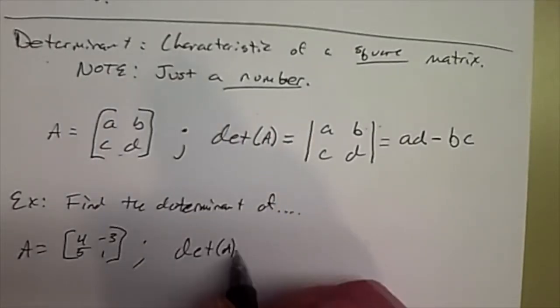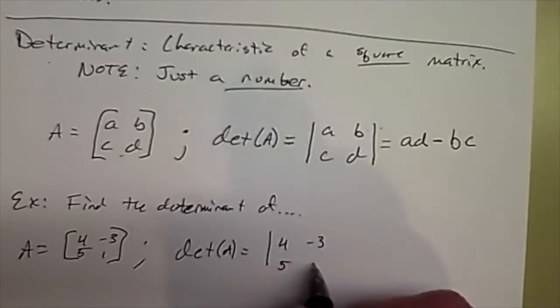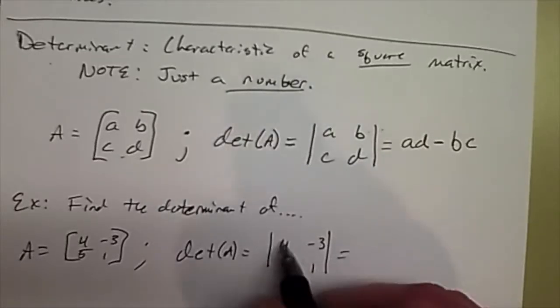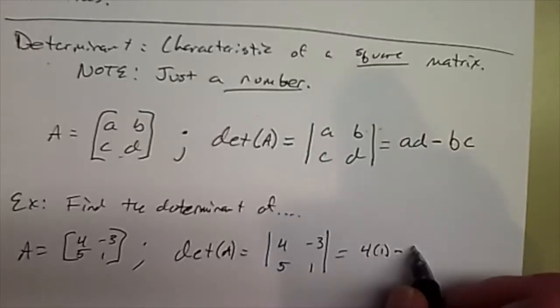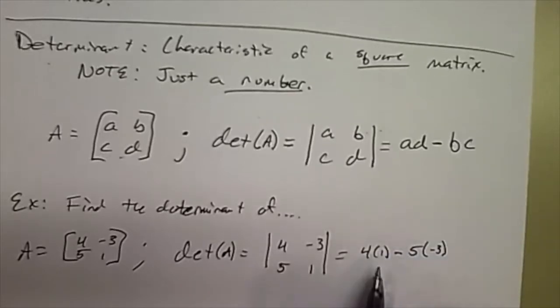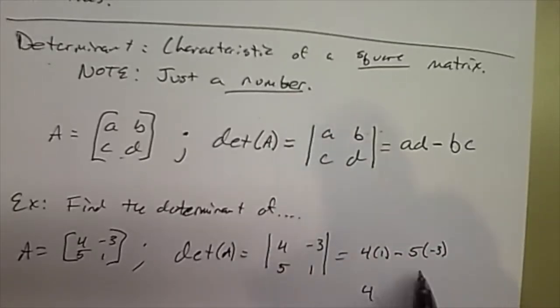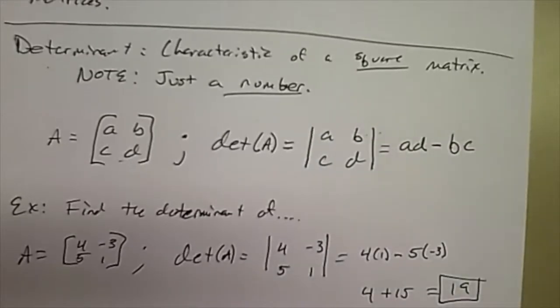The determinant of A is |4 -3; 5 1|. So 4 times 1 minus 5 times -3. Clean that up a little bit. 4 times 1 is 4. Minus 5 times -3 is a positive 15, and my answer is 19.